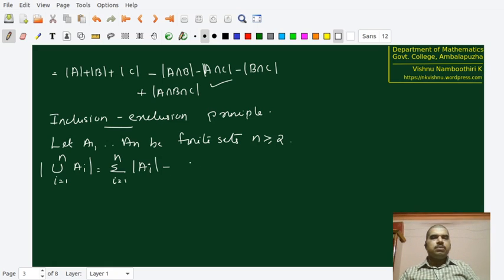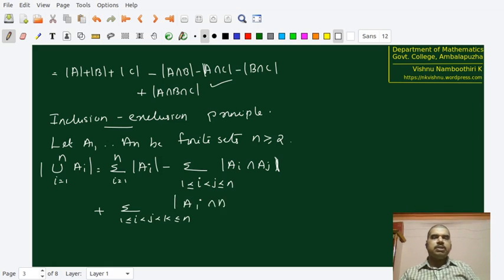Therefore, sigma 1 less than or equal to i less than j less than or equal to n, Ai intersection Aj, the cardinality of this. Now we have to again plus sigma i less than j less than k less than or equal to n. Now we have to take three sets, Ai intersection Aj intersection Ak, and go on like that.